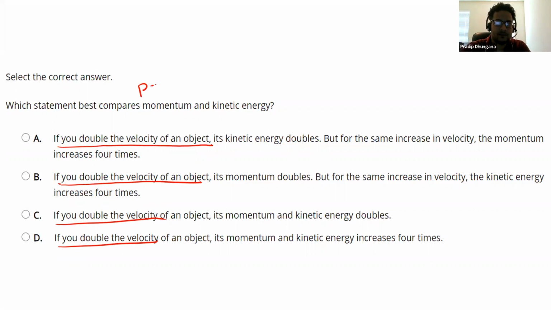Momentum is P, mass times velocity. Kinetic energy is 1/2 times mass times velocity squared. And then velocity becomes 2 times velocity, okay, the new velocity. So use that information and then try to answer this question. Okay, we launch the poll again. Take your time, do it slowly.